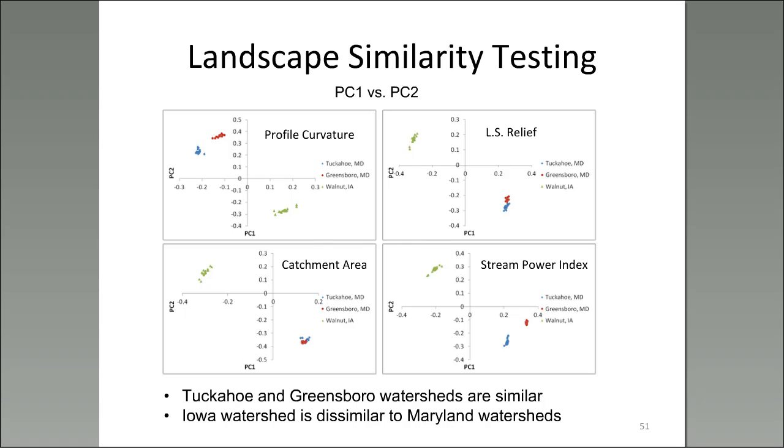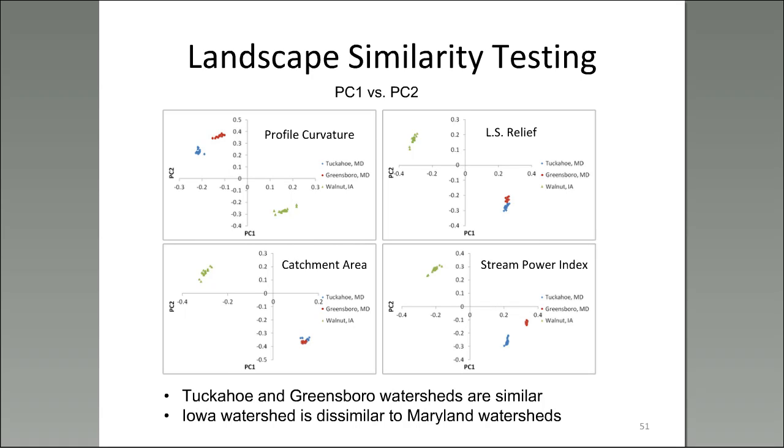So this just shows plots of the loadings for principal component 1 and principal component 2 for Iowa versus the Maryland watersheds. As you can see, the Maryland watersheds are closely clustered together, and they are very distinct from the Iowa watershed.